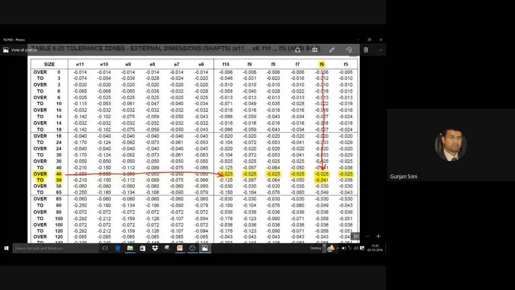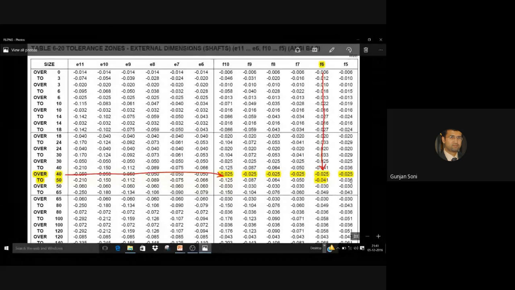Here it is F6. Its upper limit has changed to minus 25 micron. So you can see for fundamental deviation F, it may be F5, F6, F7, F8, F9, F10, whatever it is, upper limit is constant, minus 25 micron. Here it is minus 25, minus 25. Same constant. But lower limit is varying according to the IT grade, 5, 6, 7, 8, 9, 10.